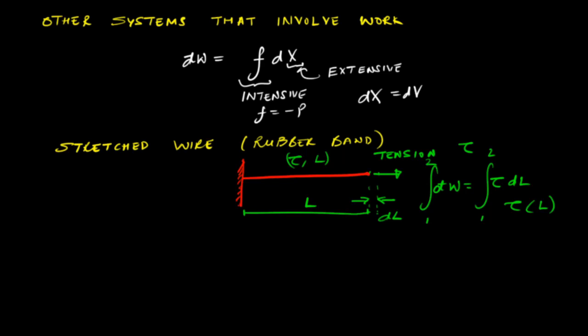Note that in this case, the minus sign that we saw in minus PdV work on the gas is missing. So here we have a plus sign and not a minus sign. This is because in our sign convention, the work done on the system is positive, and you need to do work to have a positive change in the length. That is, for dl positive, you need to do positive work.